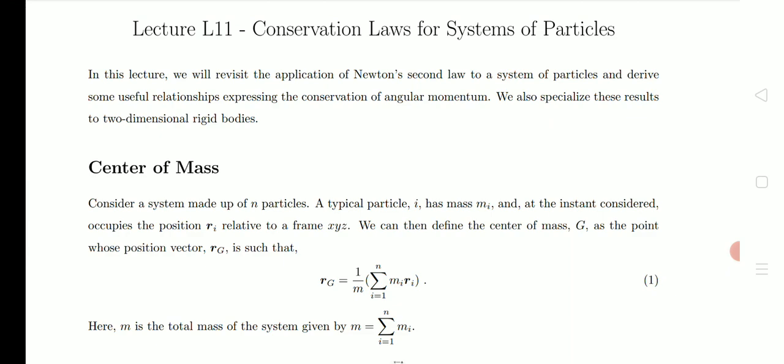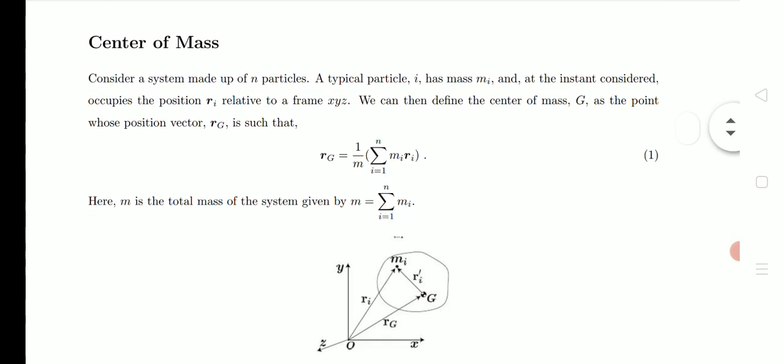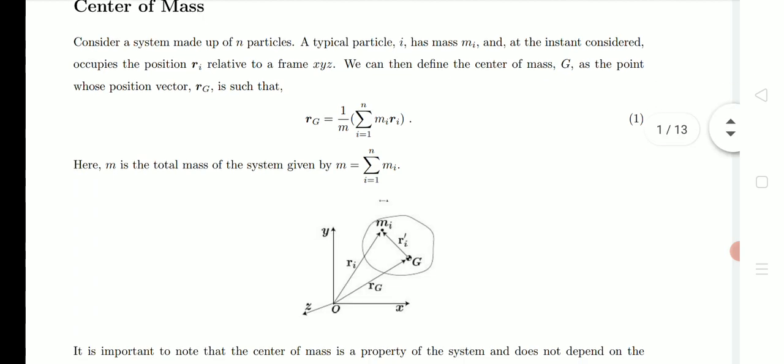Today we will discuss conservation laws for a system of particles. First of all, we study the center of mass. Consider a system made up of n particles. A typical particle i has mass mi and at the instant considered occupies the position ri relative to a frame xyz.